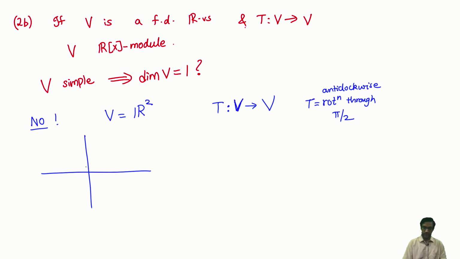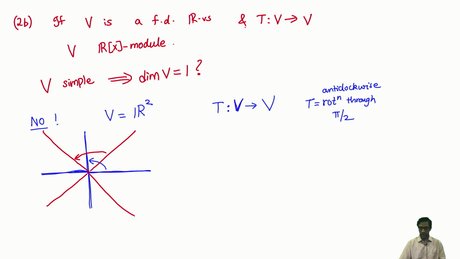So what does it do? It rotates the plane by 90 degrees. Which means, for example, the x-axis here maps to the y-axis under the action of this operator T, and so on. Any other line that you pick, if you took this line here, say at 45 degrees, it will get rotated to the line which is at 135 degrees, and so on.